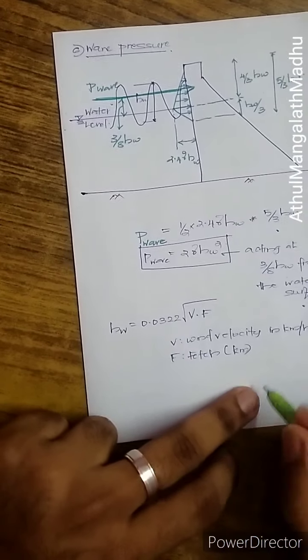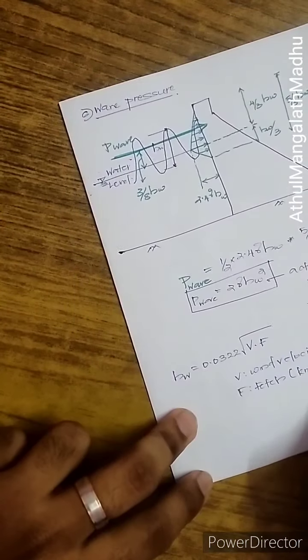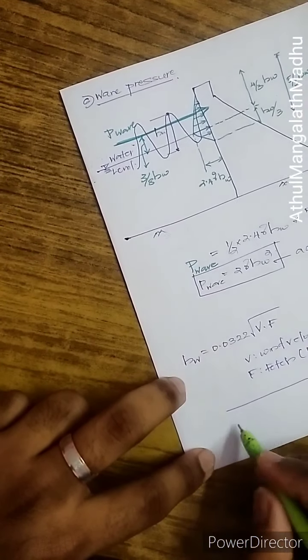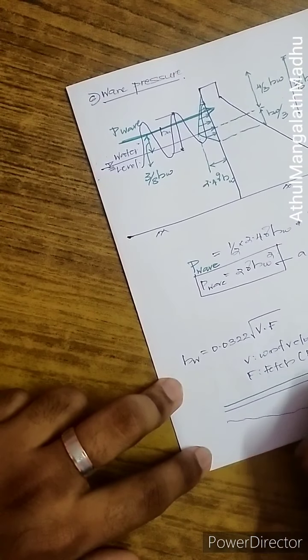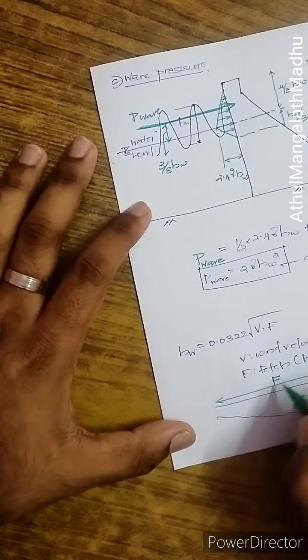Fetch means, if you take a dam, on the upstream side, what length of water you have. Sometimes water will be stored here, ground will be like this, and the linear length of water that is being stored is called the fetch.